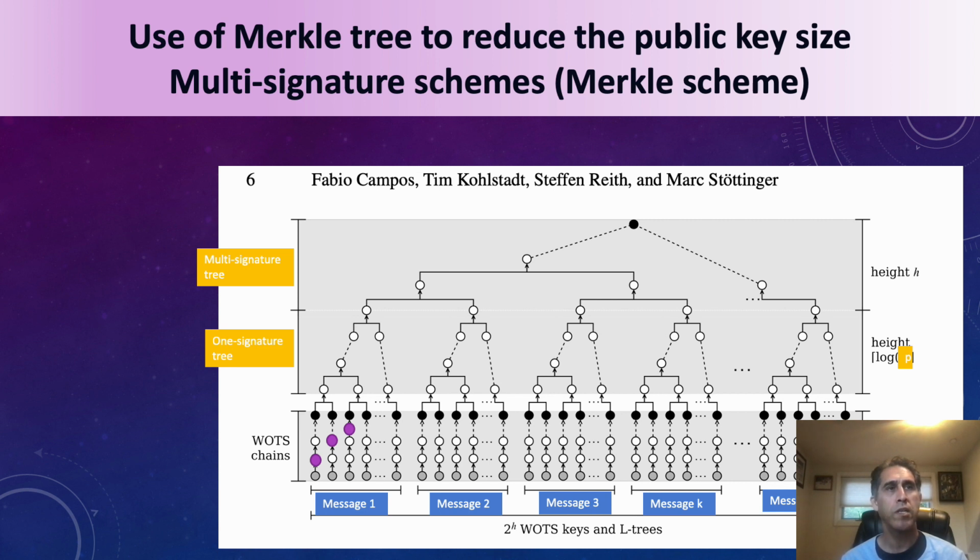So you take a message, you hash the message, and then you chop the hash of the message into a bunch of chunks. Say the hash of the message is 256 bits. You use SHA-2, and you break this into, say, chunks of 4 bits. So 256 divided by 4 gives you 64 different chunks.